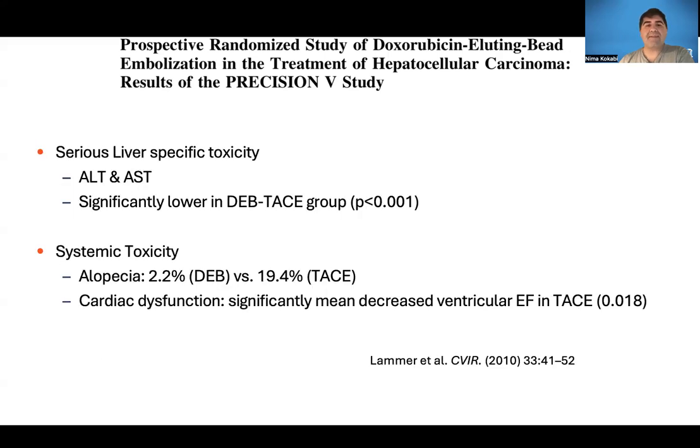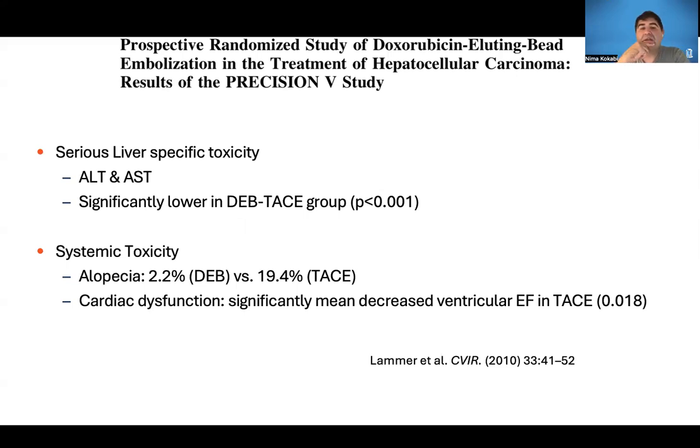And in terms of the toxicity, the serious liver toxicities were significantly lower in the deptase group compared to the conventional chemoembolization group, and the systemic toxicities were actually better again in the deptase group.